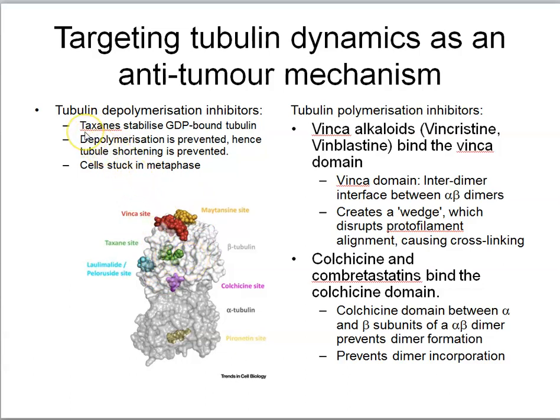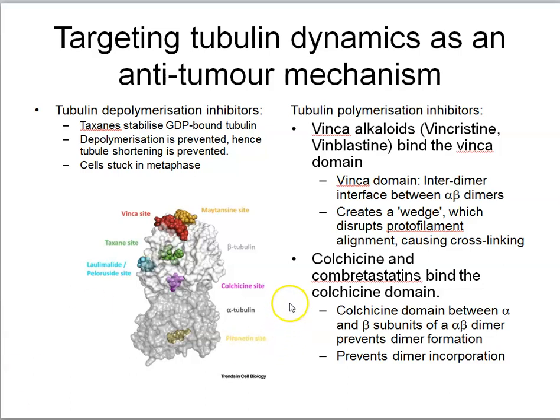And what this does, it stabilizes GDP bound tubulin. So as we've just seen that GDP bound tubulin can depolymerize very effectively. If taxane is bound to that tubulin, then depolymerization cannot occur, and you lose your microtubule dynamics, and the cells then become stuck in metaphase, because metaphase is a time where the microtubule dynamics is absolutely crucial.